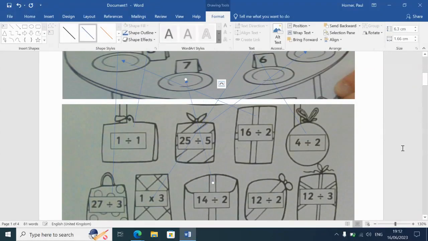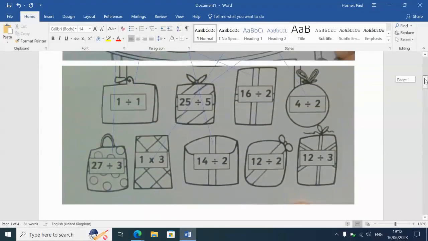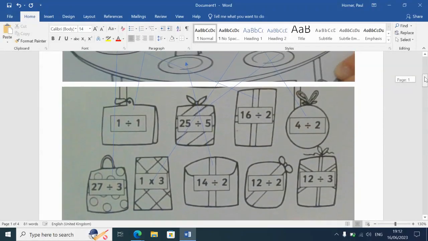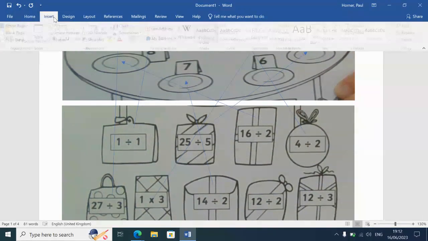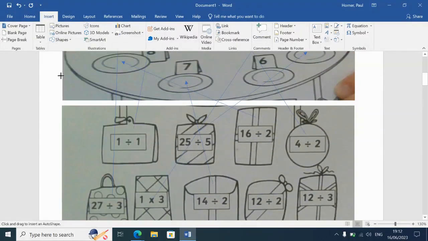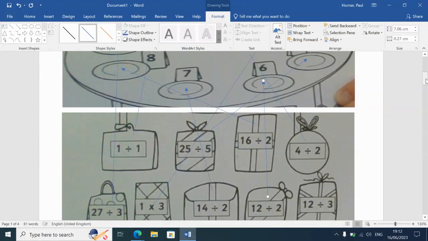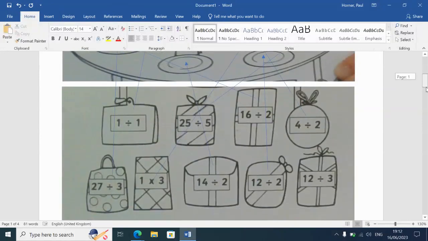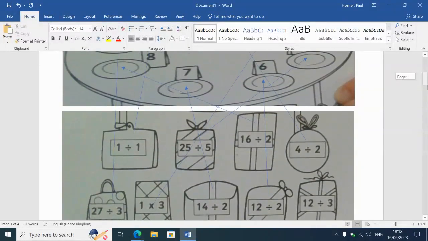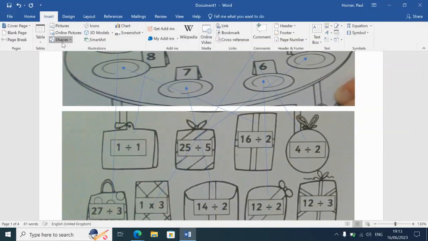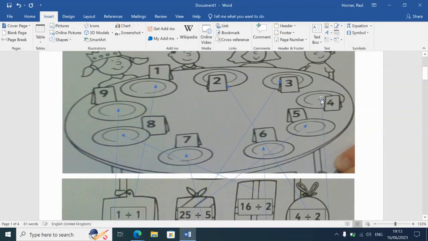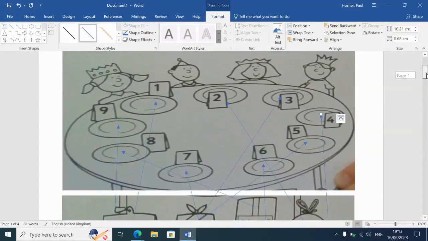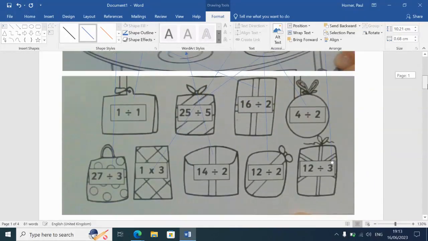And then next present, 12 divided by 2 would be 6. This is getting a bit messy, but anyway. Last present, 12 divided by 3 would be 4. So the presents have been each allocated to the right person. Well done, thank you. Okay, moving on.